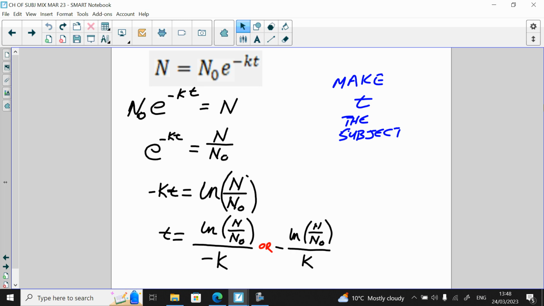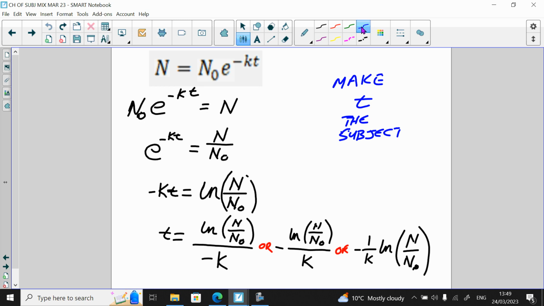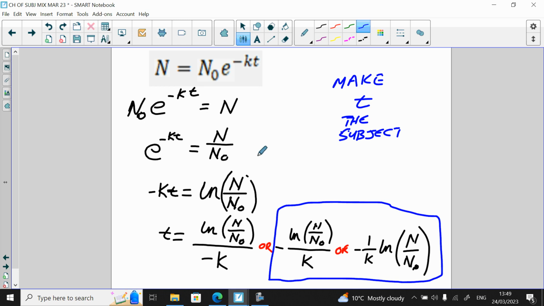And for various reasons, sometimes they don't like having k down the bottom there, because we get fractions within a fraction, because of n over n naught. They like to drag that out the front and put it as 1 over k with a negative in front. So you can see variations in this. But what I would say, it would be these two. It would be the solution.